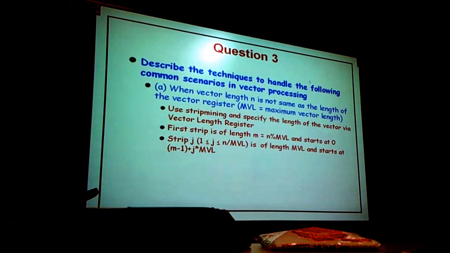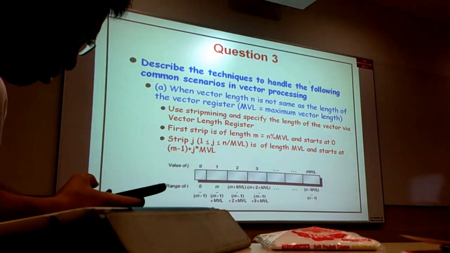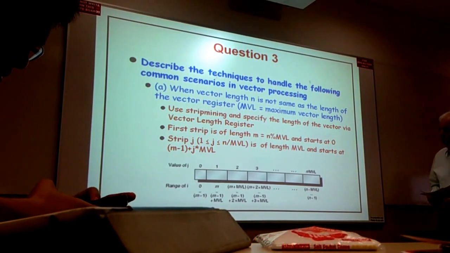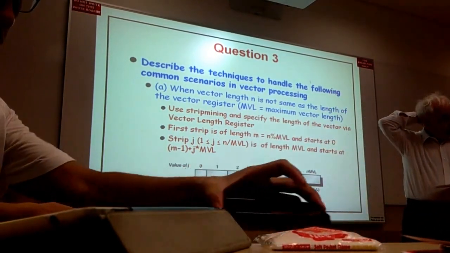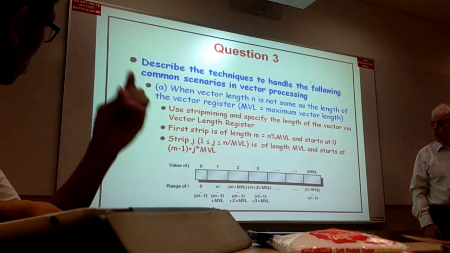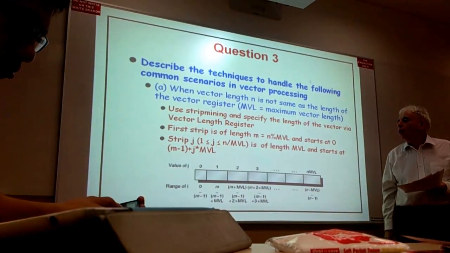So if we have a very long vector, suppose our vector is of length n, and we have a maximum vector length of mvl.